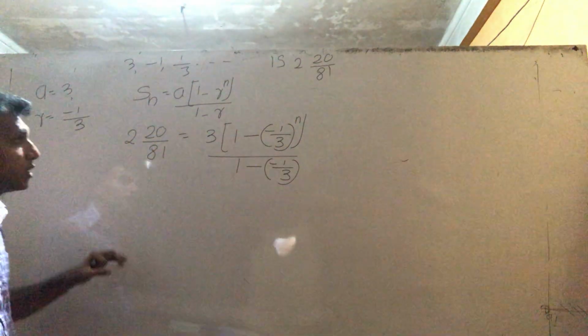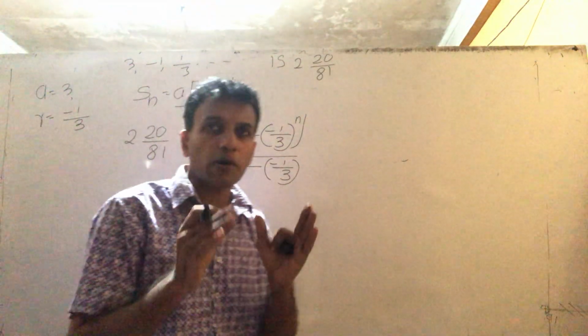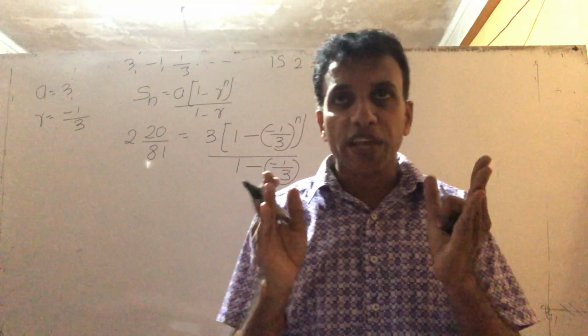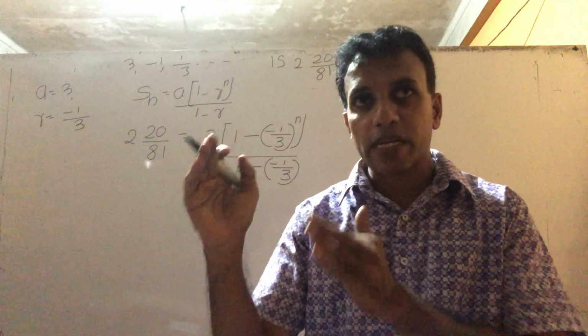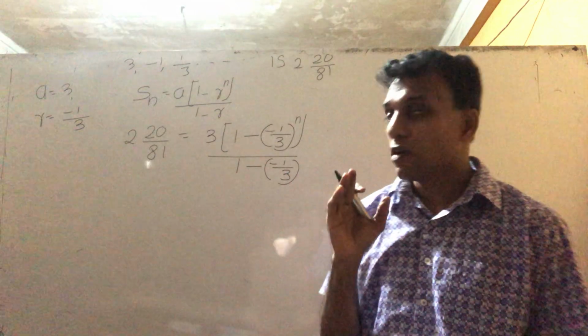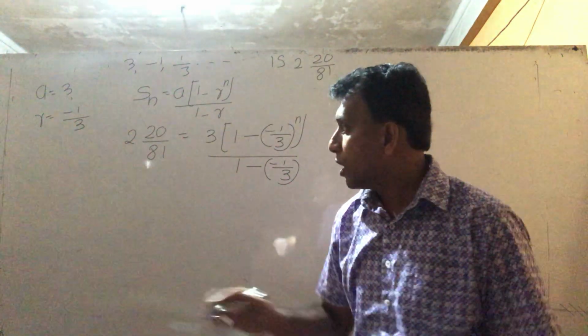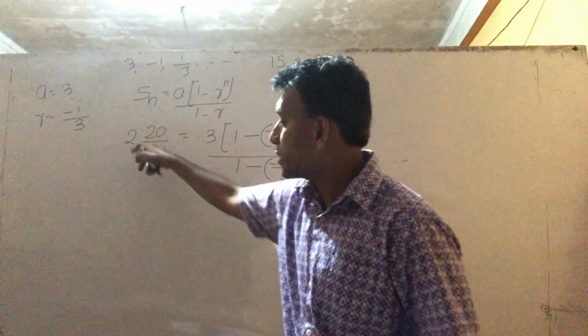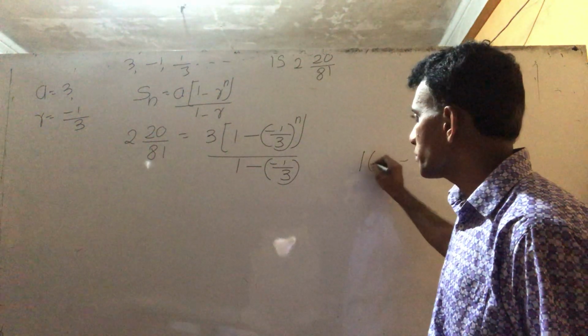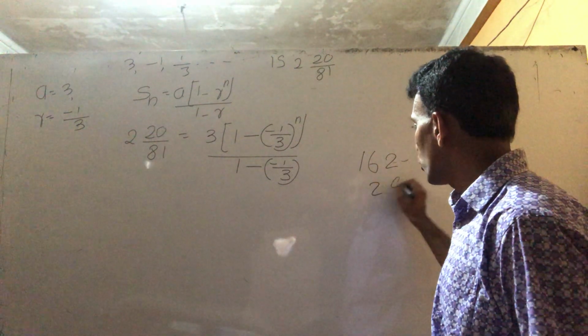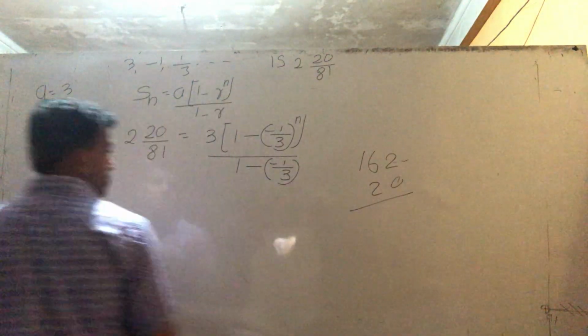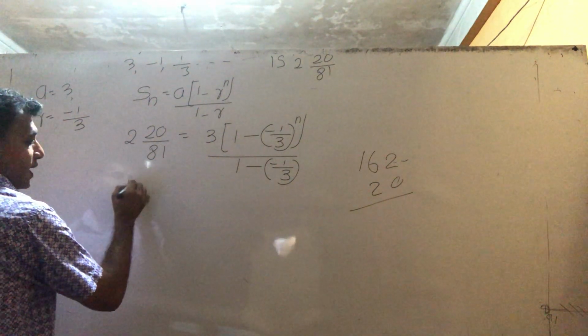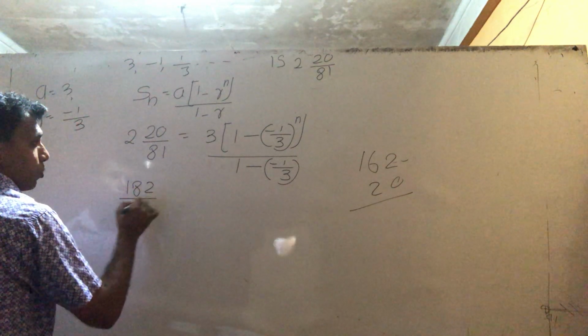Now simplify step by step, properly simplify, you will reach the peak value, you get that what the n value is. Here mixed fraction changed to improper, 81 times 2 is 162, plus the 20. What is that? 182 is it? Over 81.